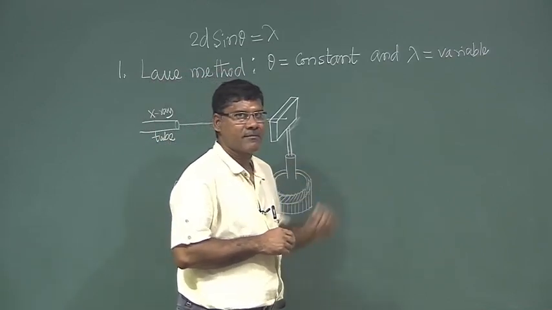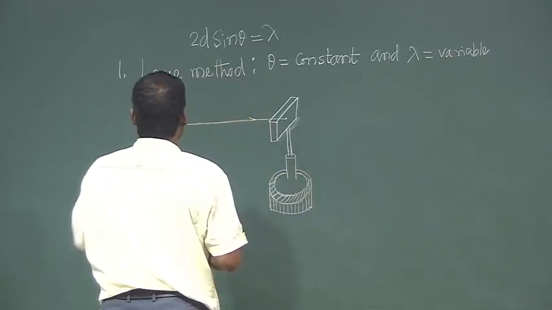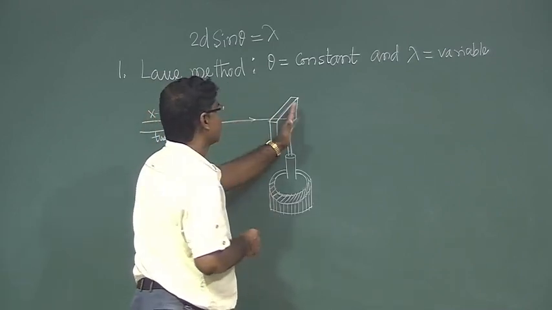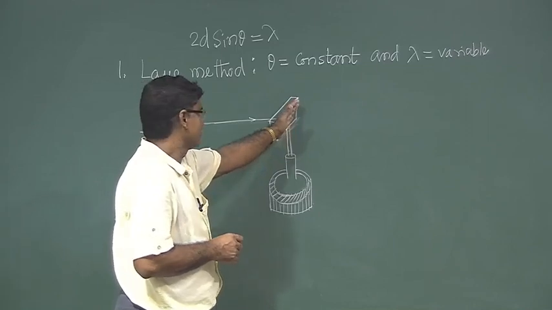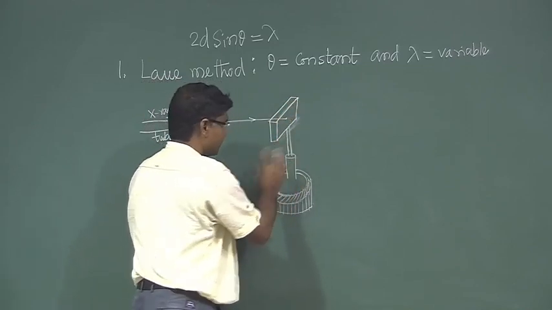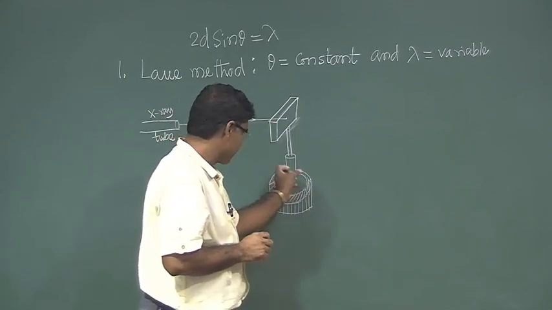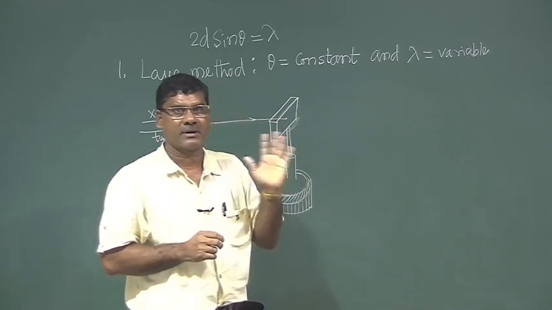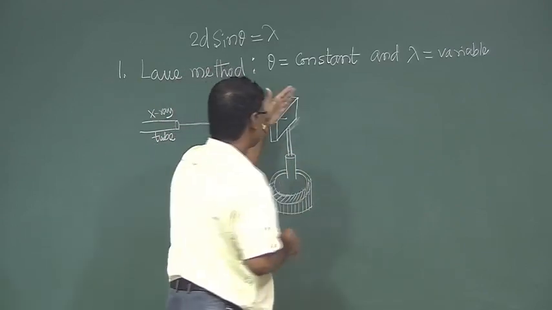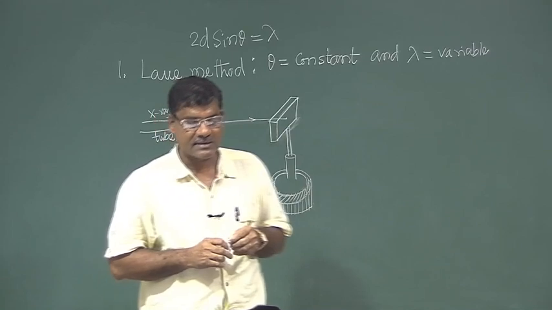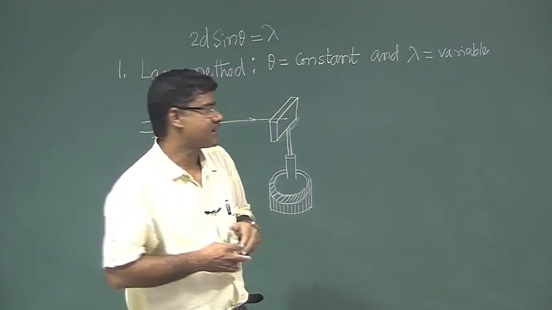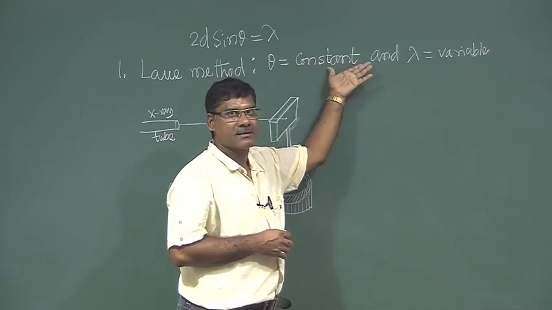X-rays from the X-ray tube fall on this sample. This sample position we can fix, we can rotate and keep at a particular position, then the angle with the crystal surface will remain the same, so theta will remain constant.